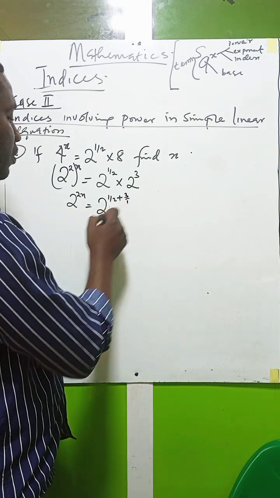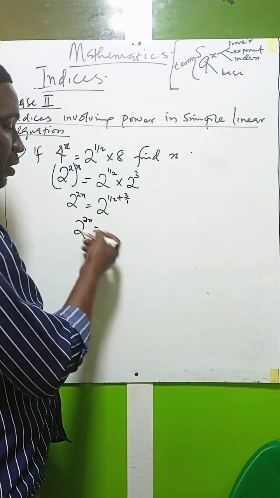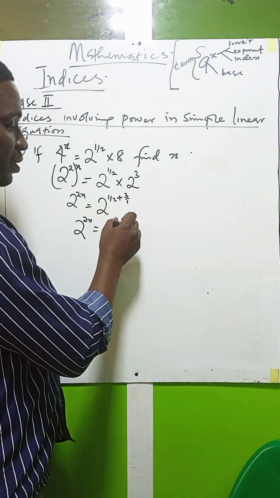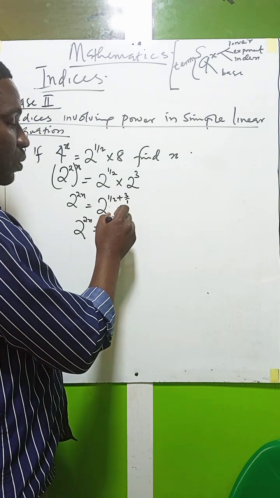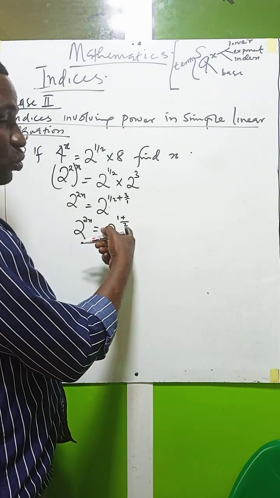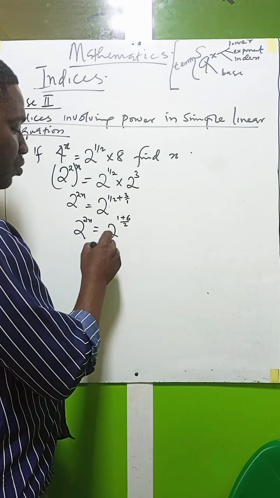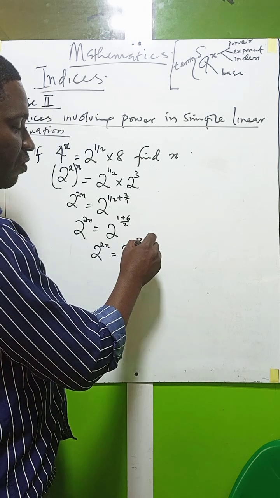We are adding both fractions. 2 raised to power 2x equals 2 raised to power. The LCM is 2. 2 into 1 times 1, 1 plus 1 into 2, 2 times 3 is 6. That's 2 raised to power 2x equals 2 raised to power 7 over 2.